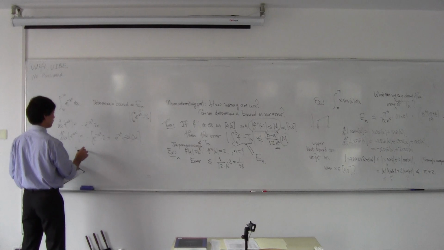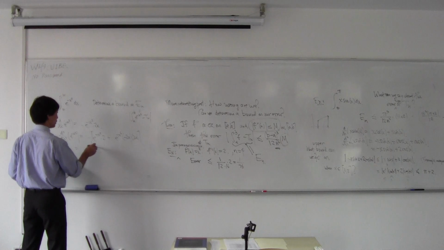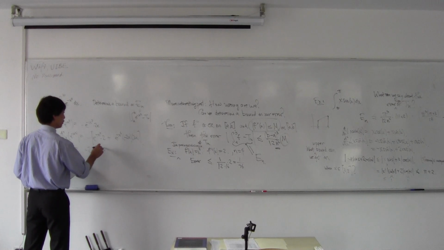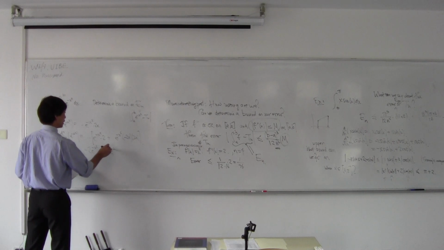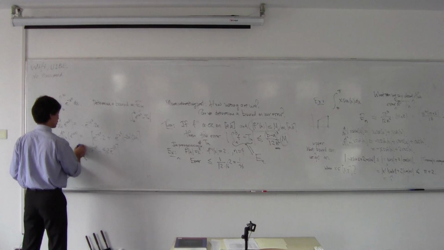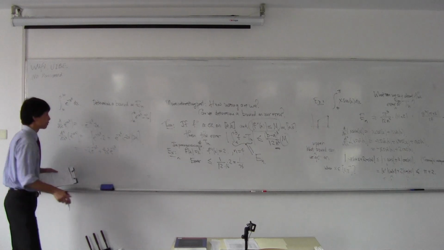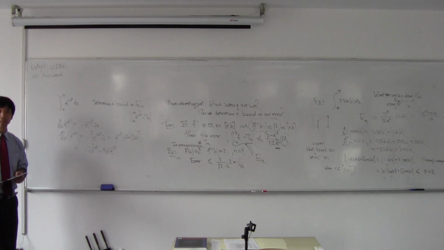So we get negative 2e to the negative x squared minus 4x squared e to the negative x squared. Okay, so just taking the derivative.